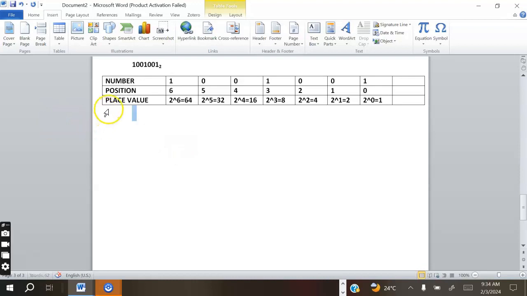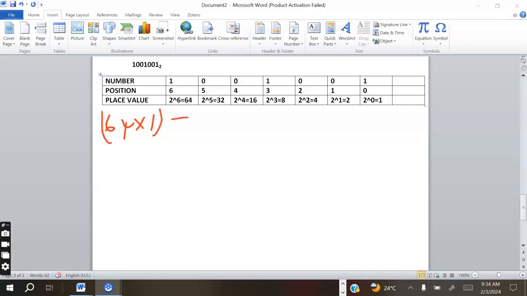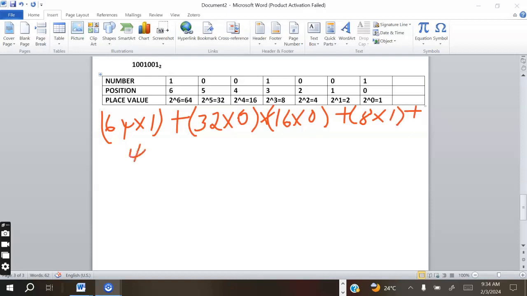Therefore we'll have 64 multiplied by 1, plus 32 multiplied by 0, plus 16 multiplied by 0, plus 8 multiplied by 1, plus 4 multiplied by 0, plus 2 multiplied by 0, and lastly 1 multiplied by 1.